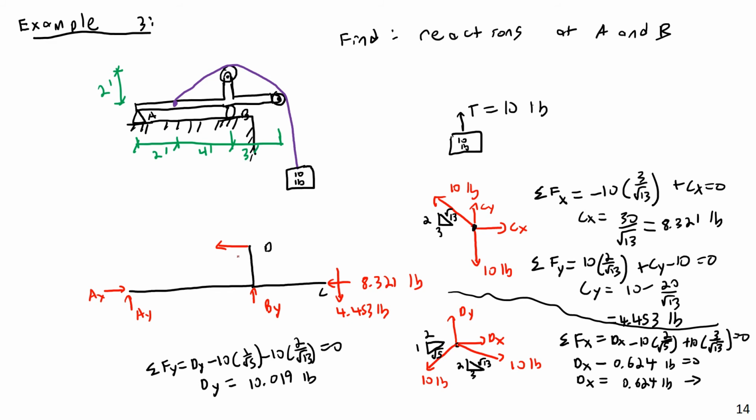What kind of forces are being exerted on the frame? So I'm going to have the x, which is 0.624 pounds to the left, and a downward 10.019 pounds in the y.